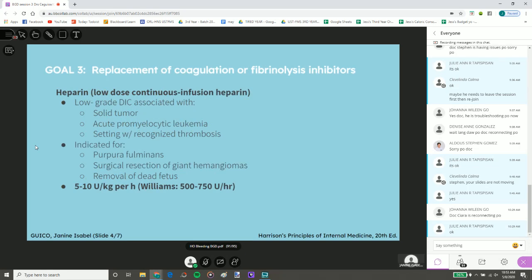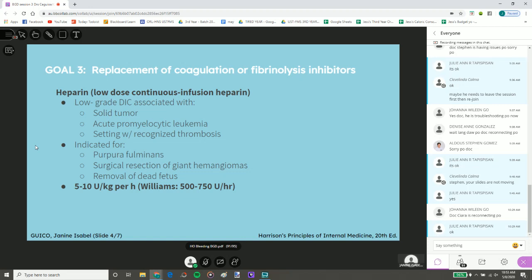Next, the replacement of coagulation or fibrinolysis inhibitors. Heparin can be given to patients who have overt thromboembolism or when thrombosis is likely to cause irreversible tissue damage. It was proven to have an effect for low-grade DIC associated with solid tumors, acute promyelocytic leukemia, or in settings with recognized thrombosis.